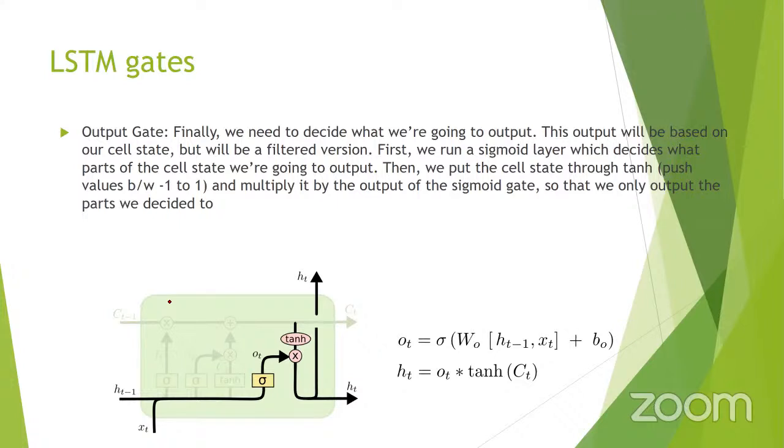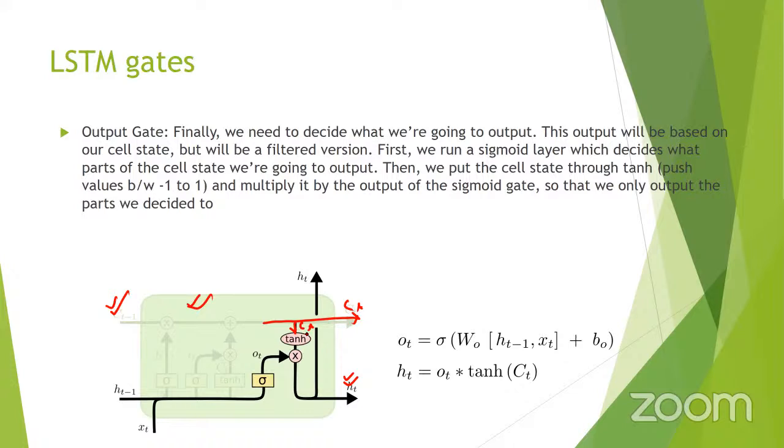The cell state had the complete information of previous data points, and I said that your hidden state will have more information about the current cell itself, right? So again, a similar type of thing will happen here. This cell state is coming here, and this is the same branch from that cell state itself.